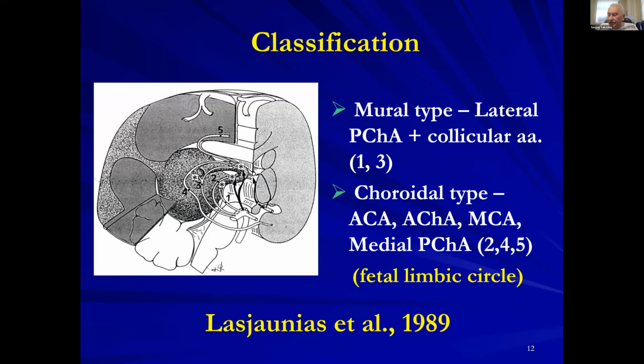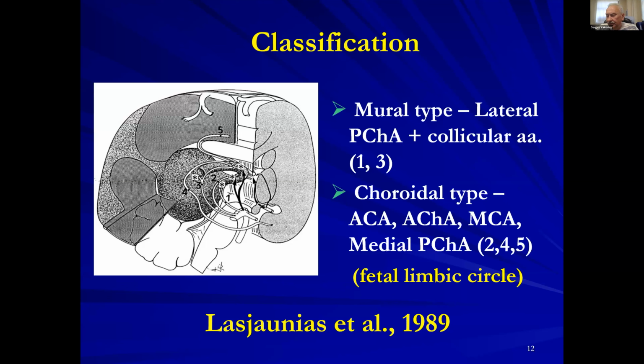The classification: there are 2 types of AVM. The mural type with a high flow, usually a single fistula, is formed by branches of the lateral posterior choroidal artery and follicular arteries.